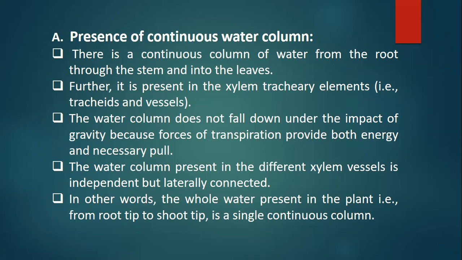The water columns present in the different xylem vessels are independent but laterally connected. In other words, the whole water present in the plant body, from root tip to shoot tip, is a single continuous column.